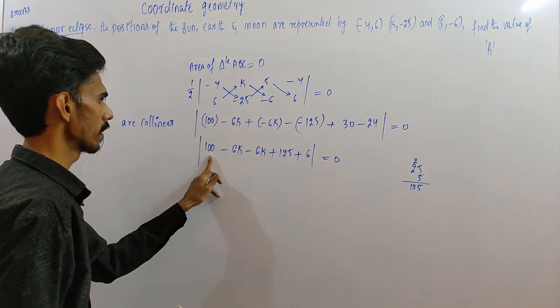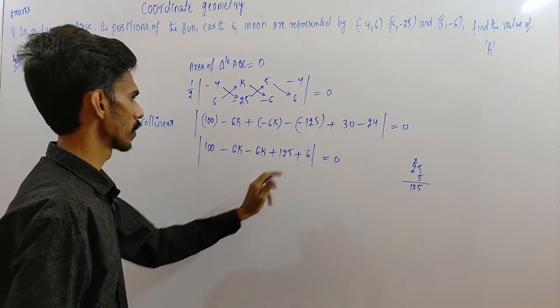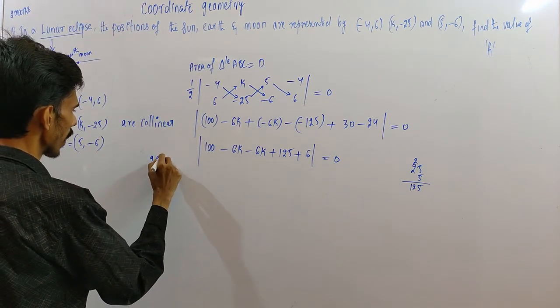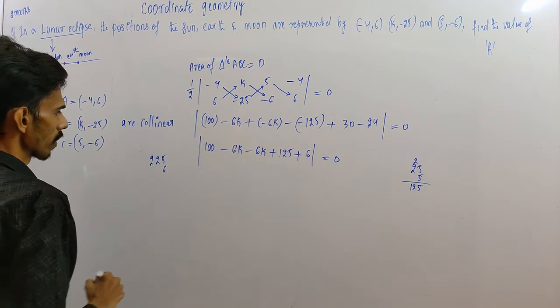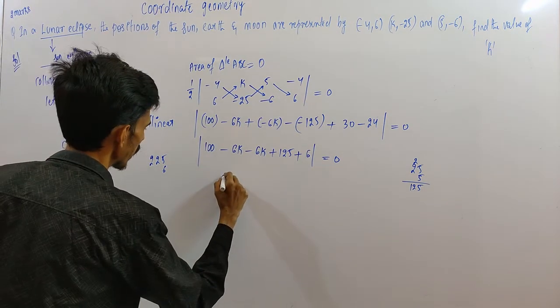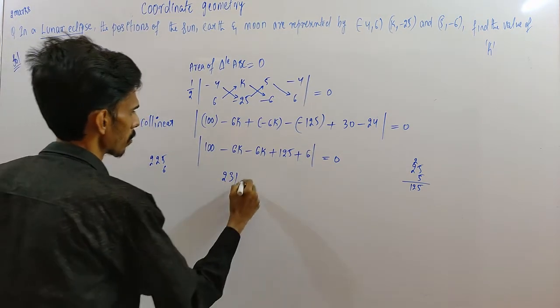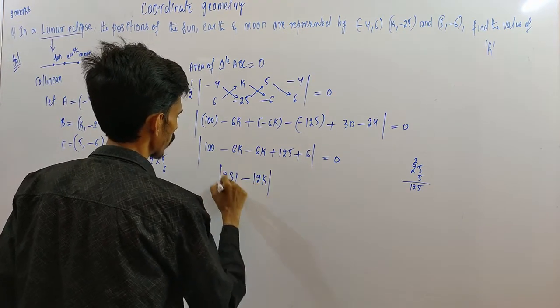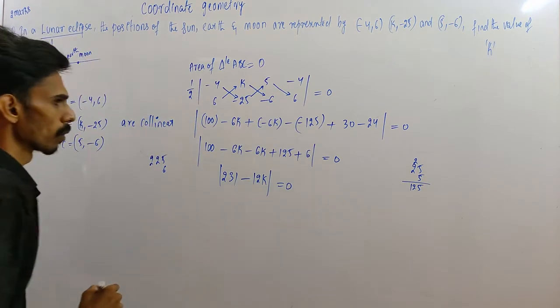Here we have 100 plus 125, 225, plus 6, we have 231 minus 12k equal to 0.